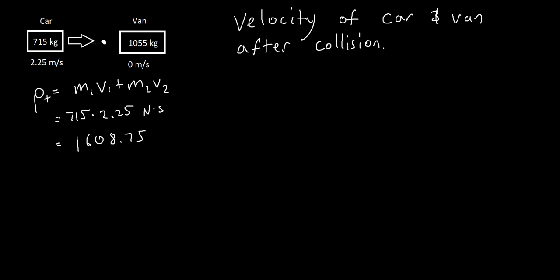But remember, the center of mass can be considered as a point where the total mass of the system is balanced, or acts from the center of mass. So whatever the velocity of the center of mass is, times both the masses added together, will give you the total momentum.